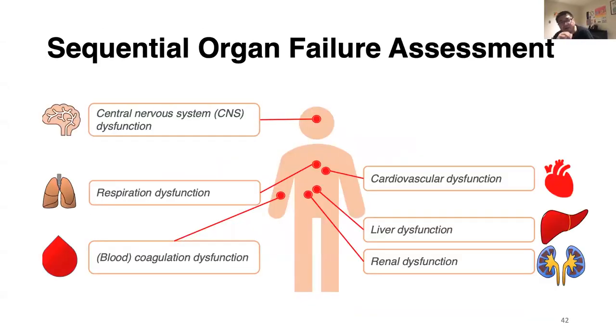decisions. And in order to characterize the patients, we use something called the Sequential Organ Failure Assessment score, the SOFA score.